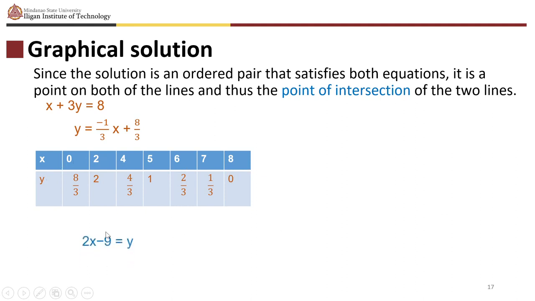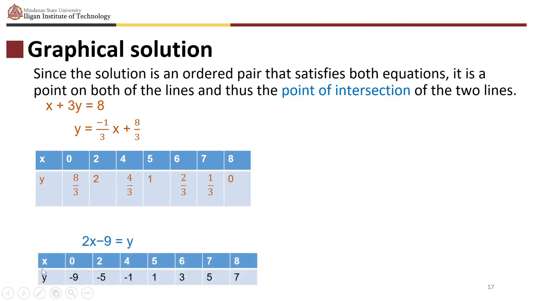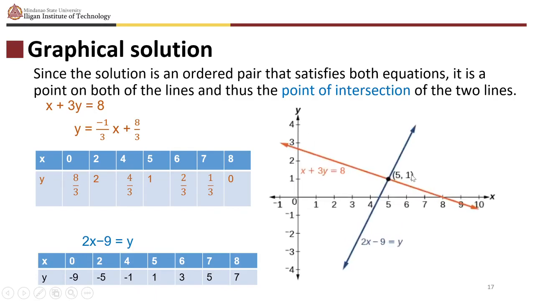Similarly, you can sketch 2x minus 9 equals y by substituting values for x and solving for y, and come up with the following. So let's take a look. You are left to verify that these values are true.